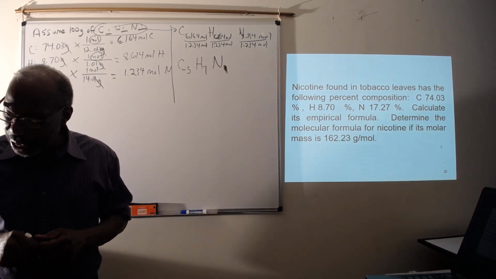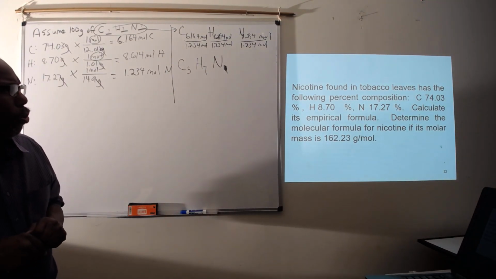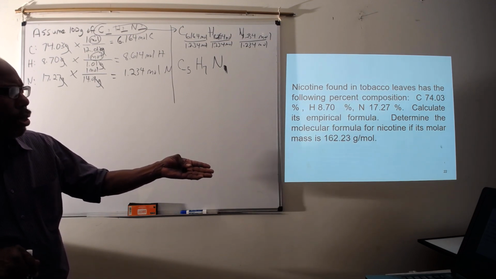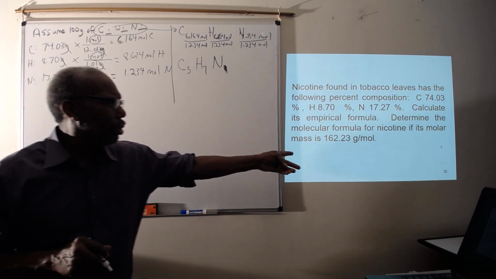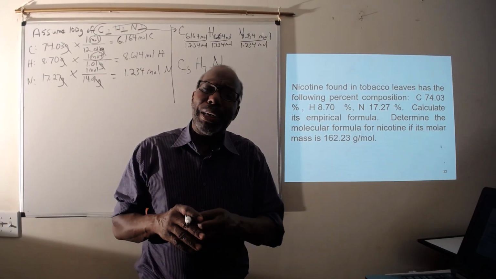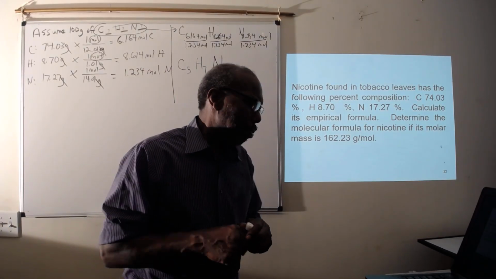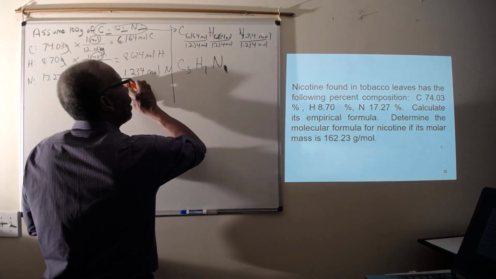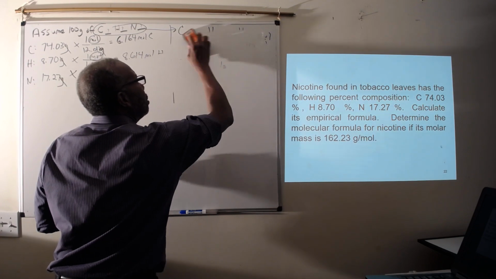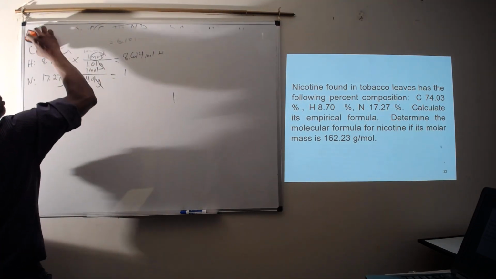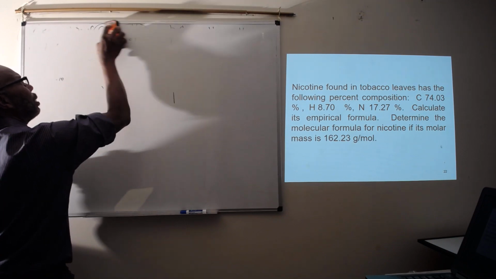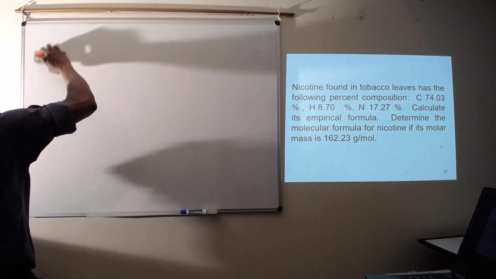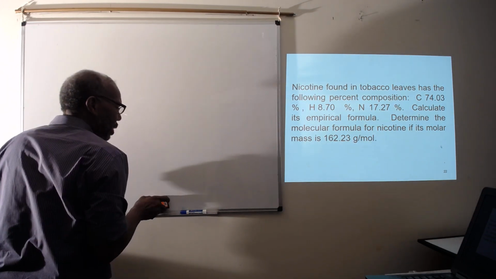So now the next question is, we got the empirical formula, and if we know the molar mass of the compound, we want to determine the molecular formula. So let me erase all of this, to give us as much space as possible to do this calculation.